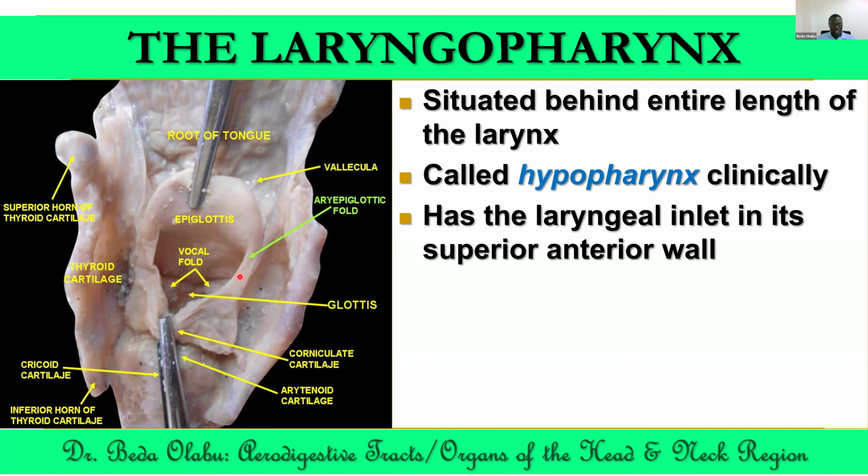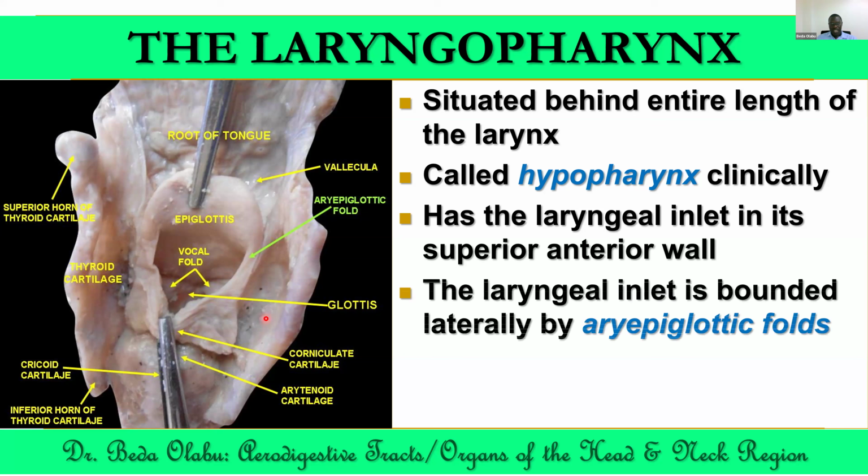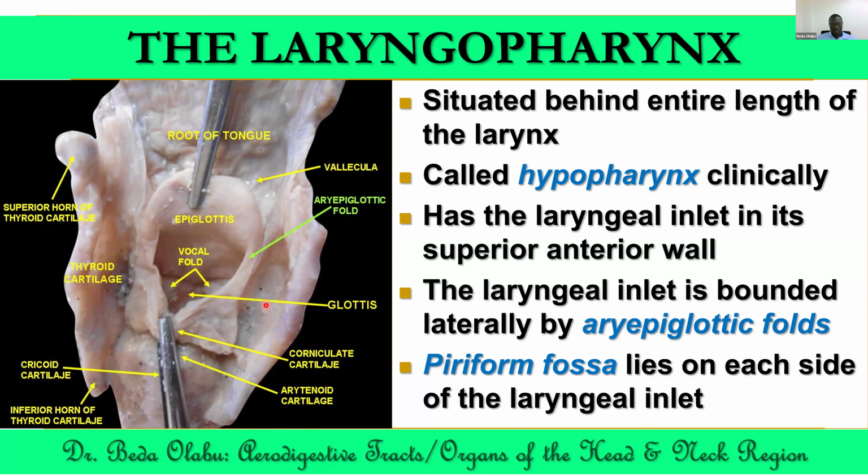Lateral to the aryepiglottic folds are these depressions here, which are part of now the laryngopharynx. We call them the piriform fossa, lying on either side of the laryngeal inlet and being part of the laryngopharynx.